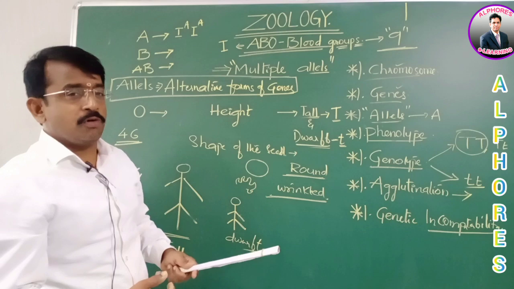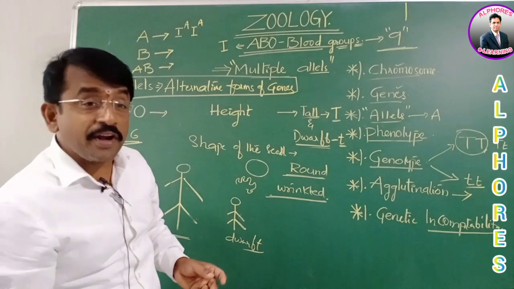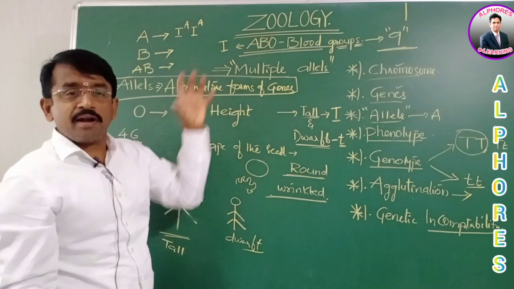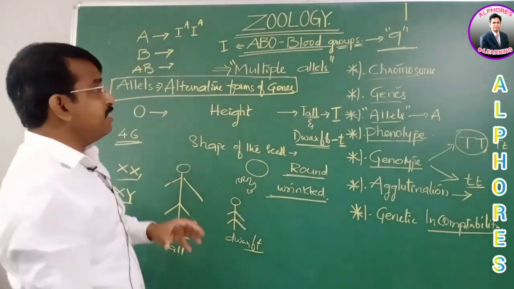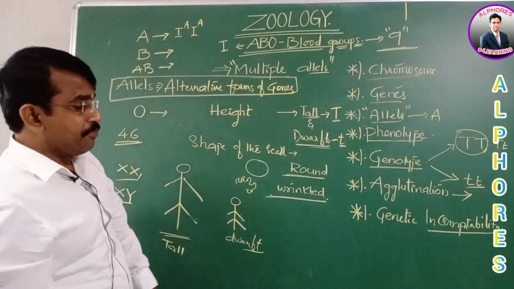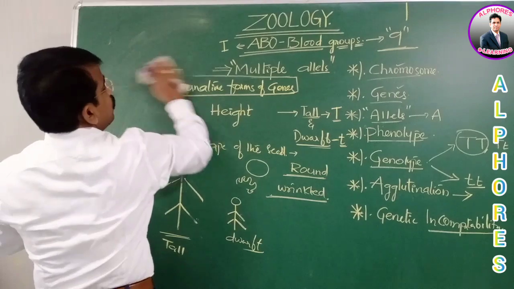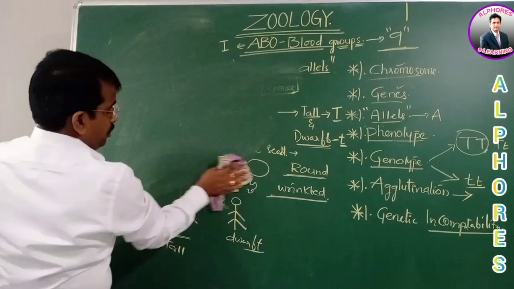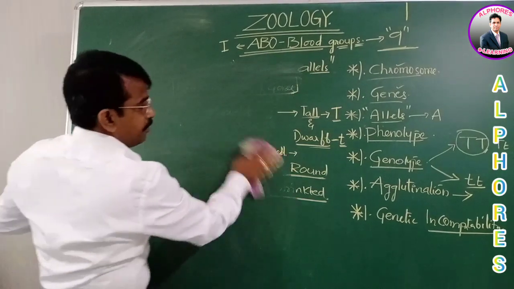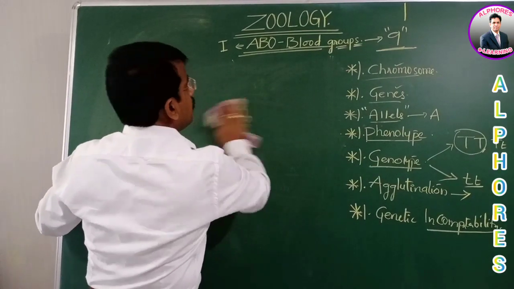If I ask you the question, the ABO blood group is an autosomal trait, an autosomal character, and this includes 3 phenotypes, 6 genotypes, and 3 alleles.